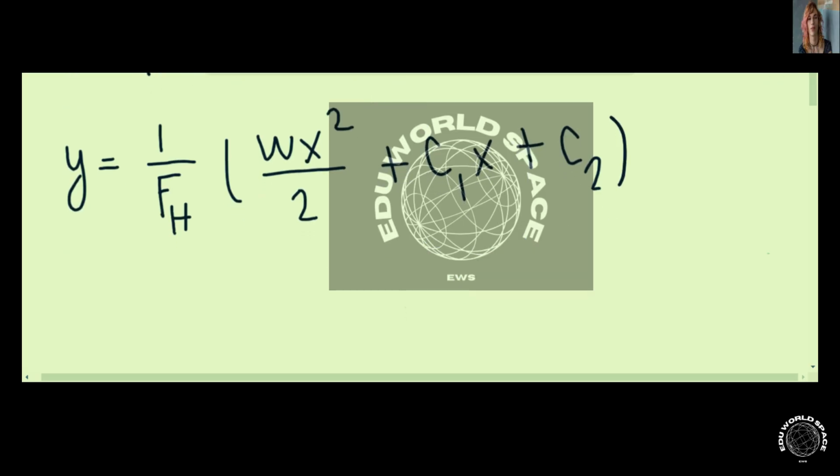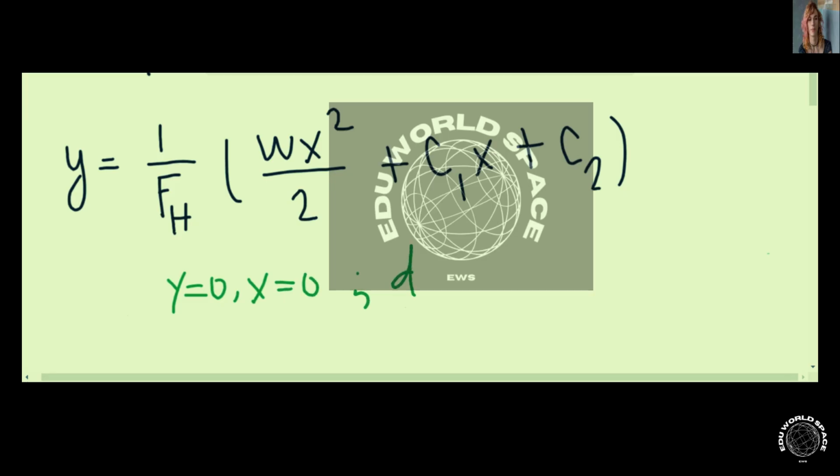Now that we have this equation, we can't necessarily do anything with it simply because we have constant variables in our function and we have to solve for those. In order to solve for c1 and c2, we have to use boundary constraints. In this case, our boundary constraints will be y equals 0 when x equals 0 for the original equation.